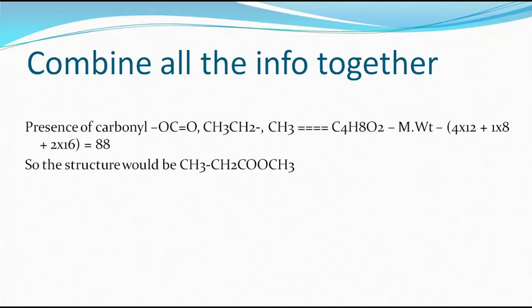This is how. There is also another fragment by loss of M minus 29 peak. You can see here this is lost, and that is another possibility we can think of. The two peaks, M minus 31 and M minus 29.